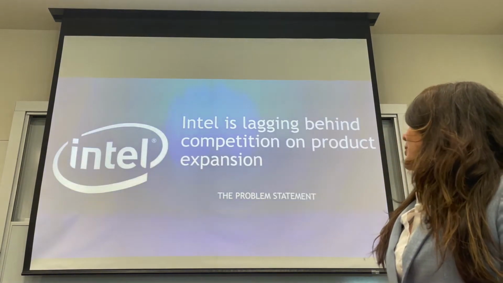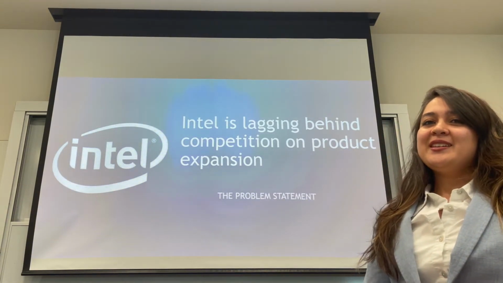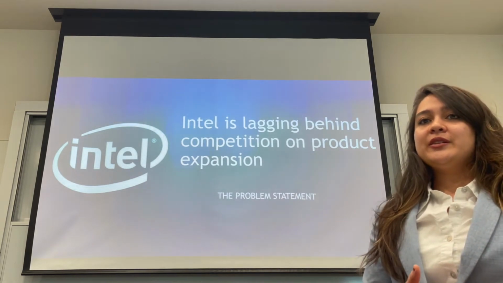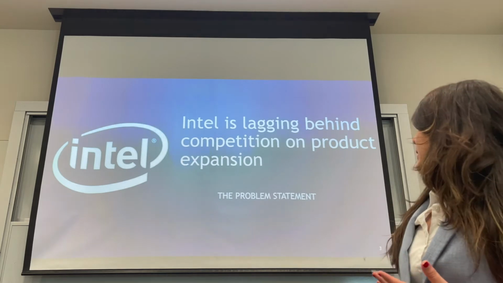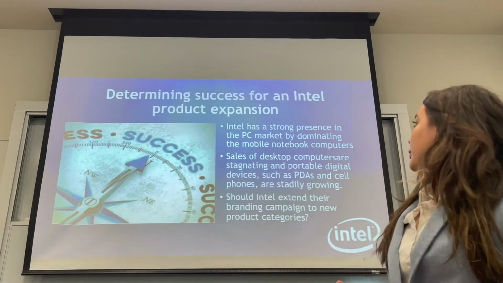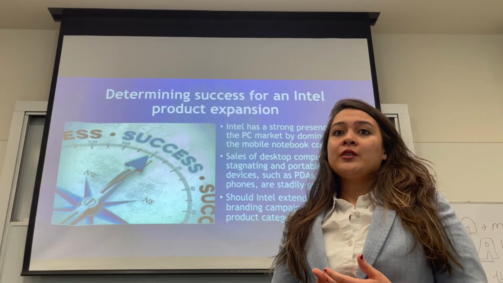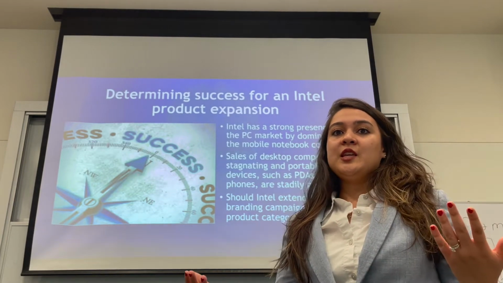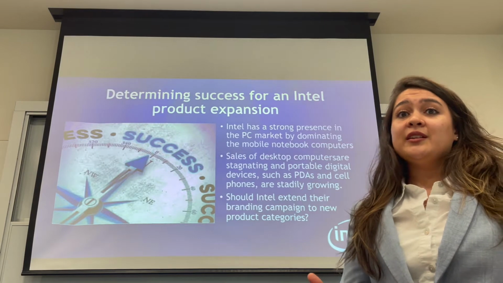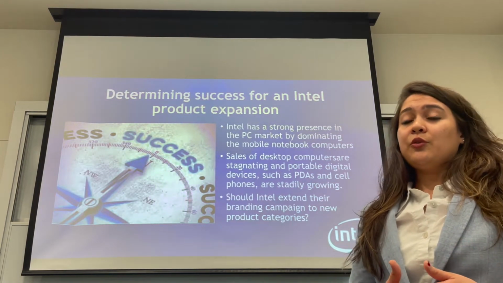Moving forward into the problem statement, we're going to be determining how Intel is lagging behind its competitors in product expansion. Part of the problem is that Intel has a strong presence and a strong base in the PC market. PC markets have been very great for Intel and have provided a huge market share and revenue growth.